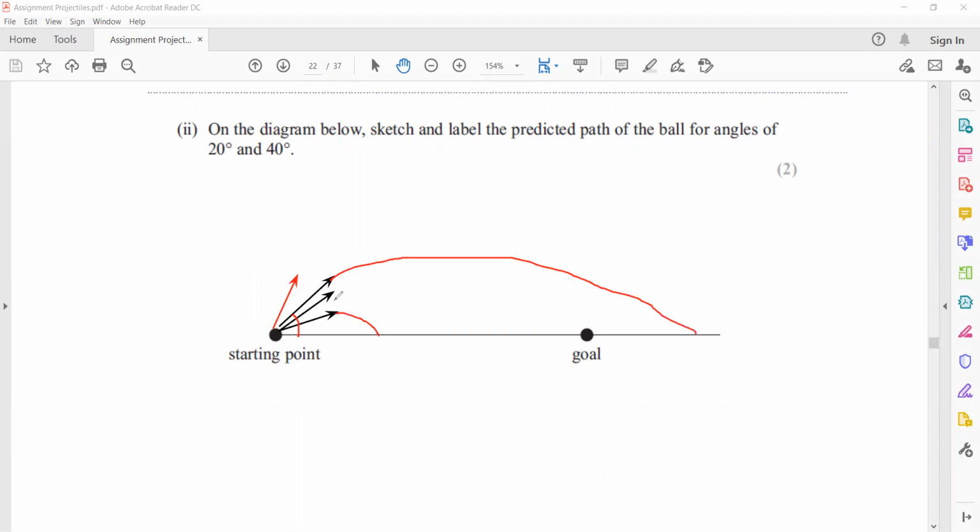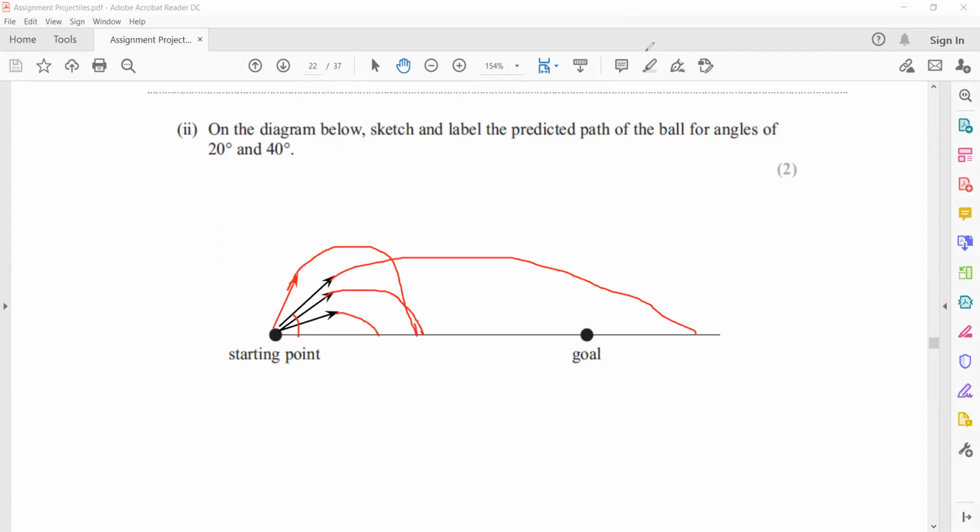Because theta is smaller, as theta is smaller, the range is smaller. Here when we increase the launching angle, the height will also increase, and it remains in air for a longer period of time. At 45 it is maximum, but after 45 the range starts to decrease.